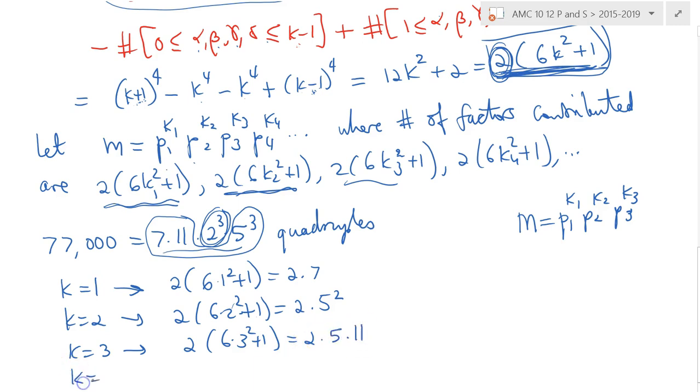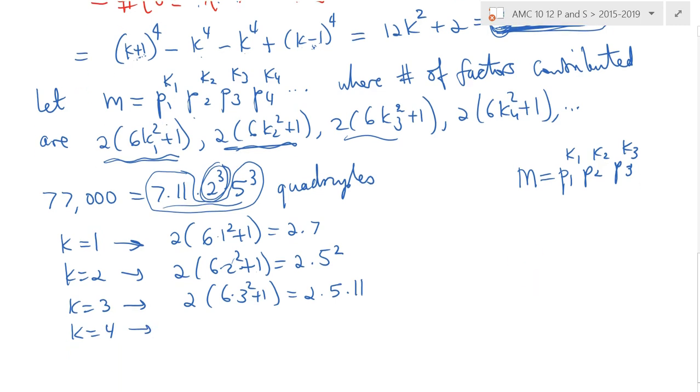Let's go one more, maybe, because we don't know which case will benefit me. So 6 times 4 squared plus 1: 4 squared is 16, times 6 is 96, plus 1 is 97, which is prime. And you can go on like that. Eventually, we need to pick 3 convenient ones. You might think I'm silly, right?